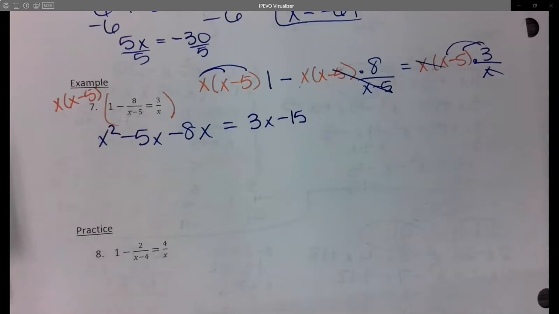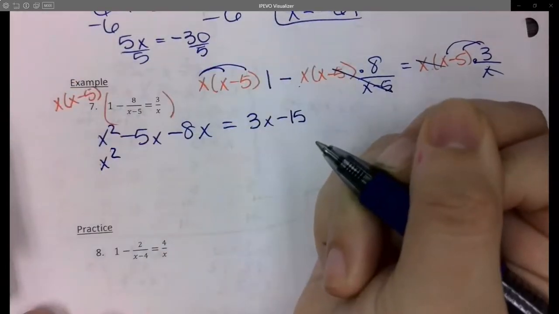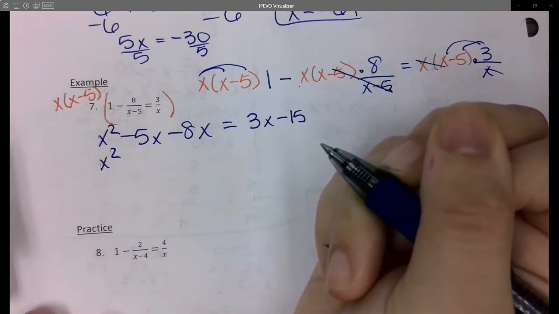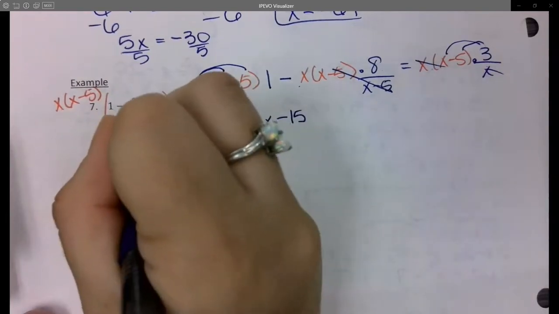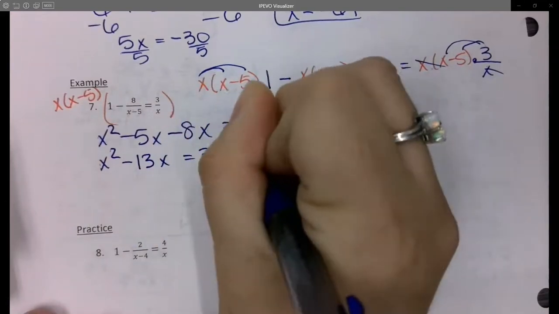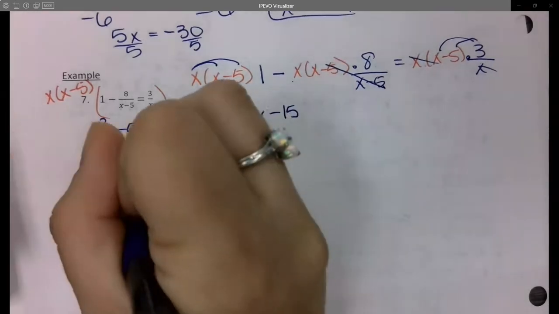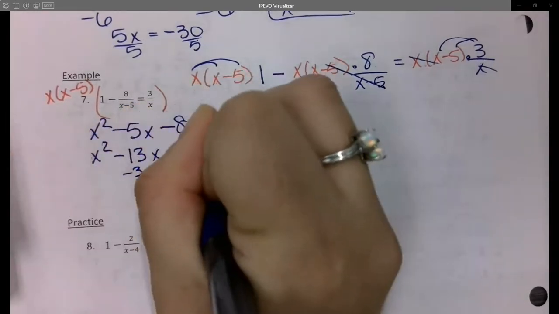Okay, so I want to combine like terms on my left side. What's negative 5x minus 8x? Negative 13x. Then what do I want to do? Subtract 3x from both sides.